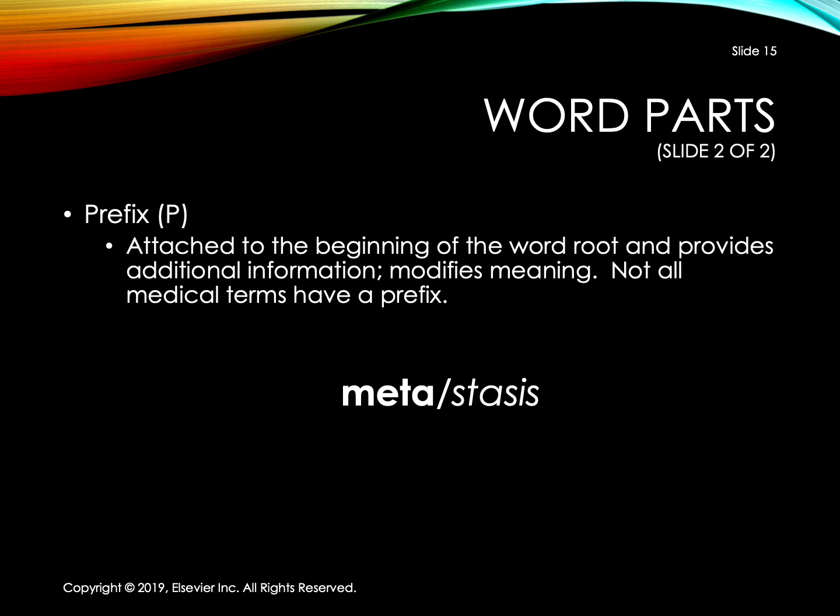Now, a prefix. The prefix, again, is similar to the suffix, but it comes before the root word. It does the same job. It provides additional information and modifies the meaning. Again, not all terms have prefixes. And this one here is metastasis.